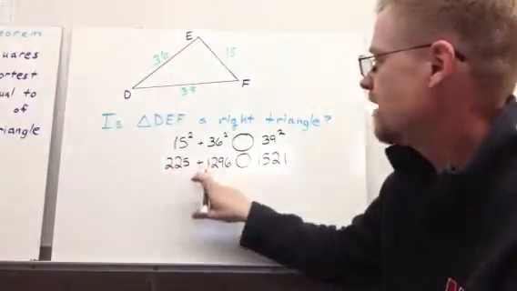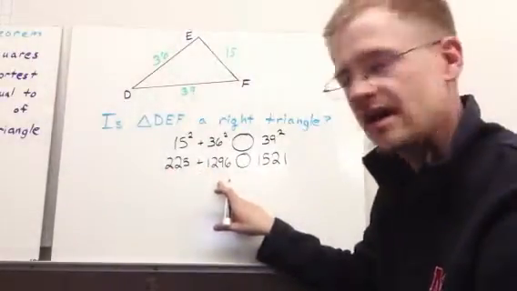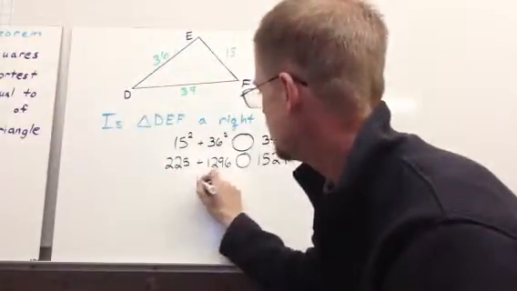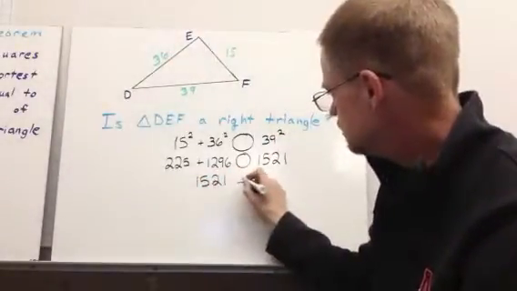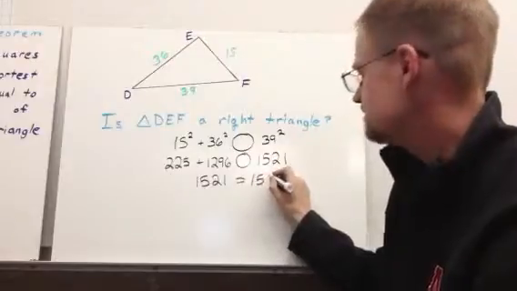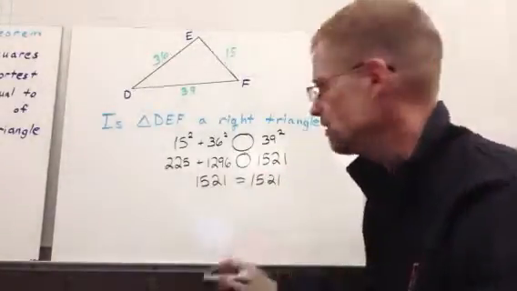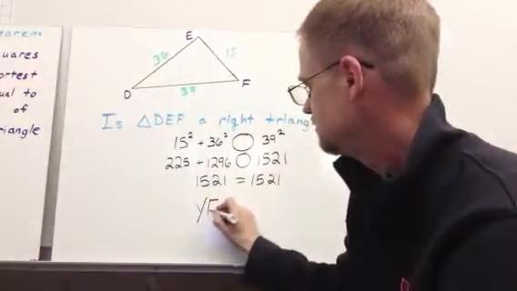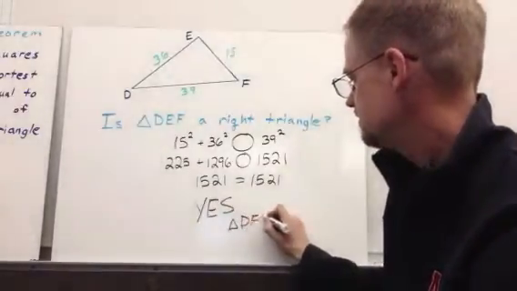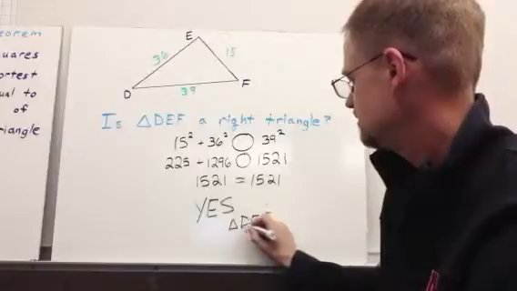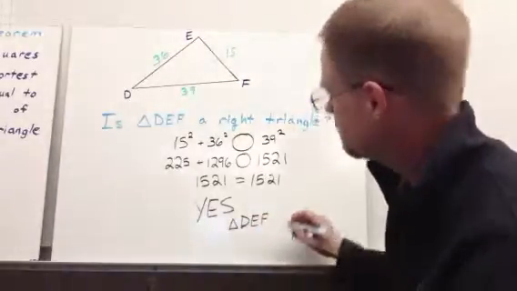So 225 plus 1,296 is 1,521. And that is equal to 1,521. Since they're equal, yes. Triangle DEF is a right triangle. Okay?